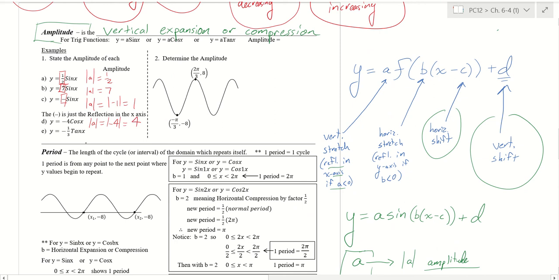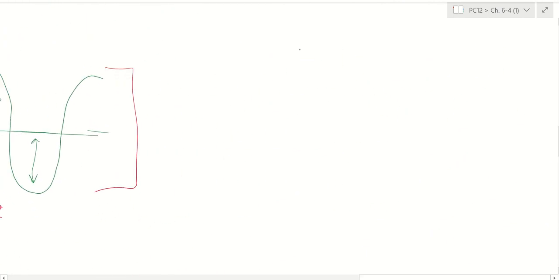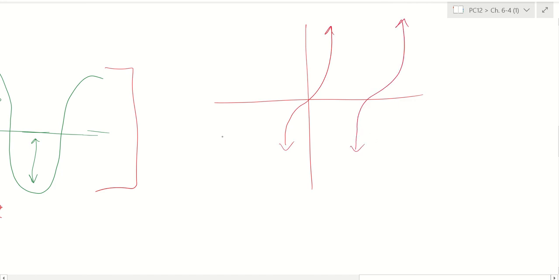And here, we technically don't speak of tangent as having an amplitude, so let's just get rid of that. Tangent function looks something like this, but then it just does that again. And we've got asymptotes as well, which I won't bother drawing.